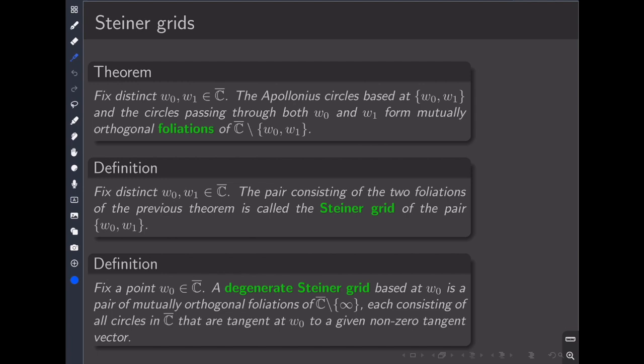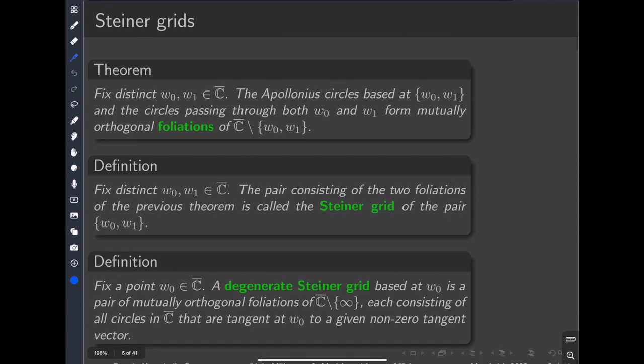Parabolic Möbius transformations are precisely the ones that have exactly one fixed point. For those I need a degenerate configuration, some sort of degenerate Steiner grid at a given point.